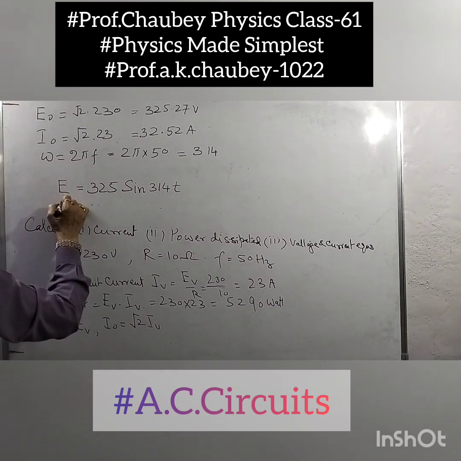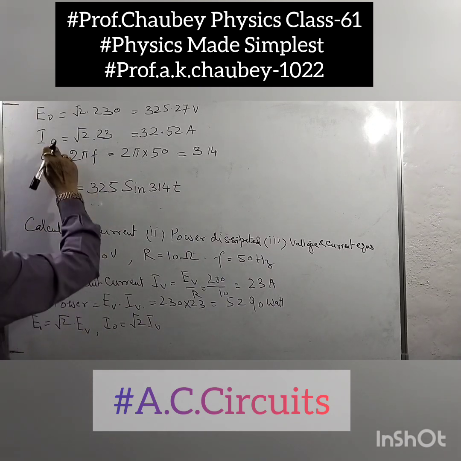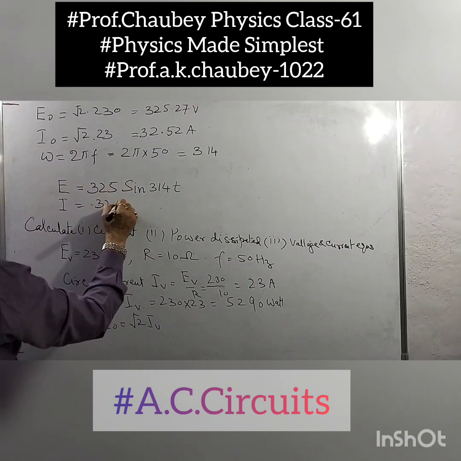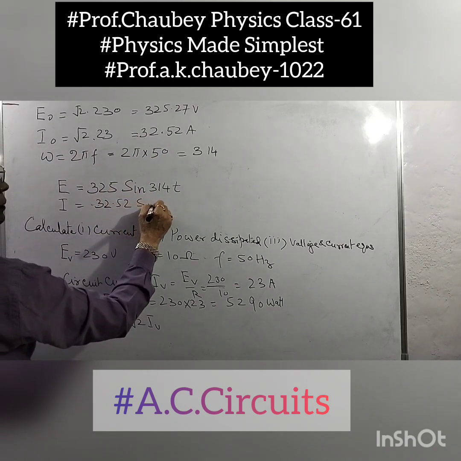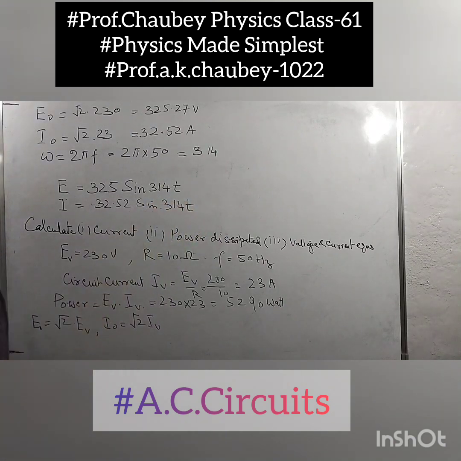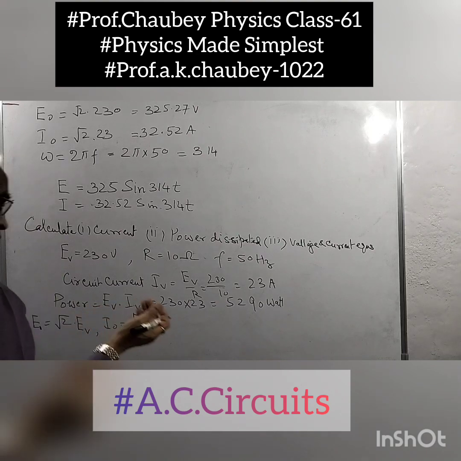And I is equal to I naught, 32.52, sin 314 t. So in this way you can solve some problems.